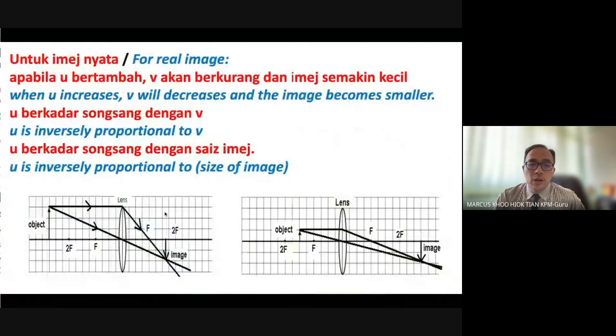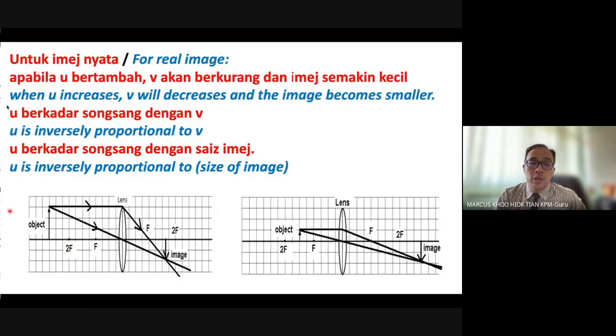Let's move on. To sum up, this is our relationship for any real image. For any image that is real, when u increases, v will decrease and the image becomes smaller. When you move the object further and further from the lens, the image will become smaller, and the distance between the image and the lens will also become smaller.